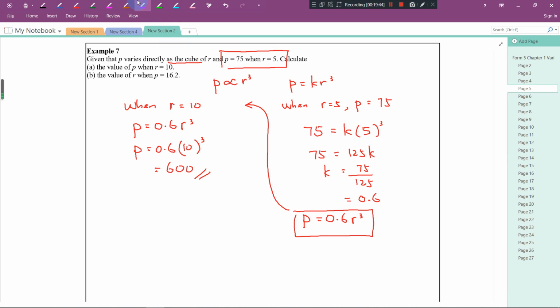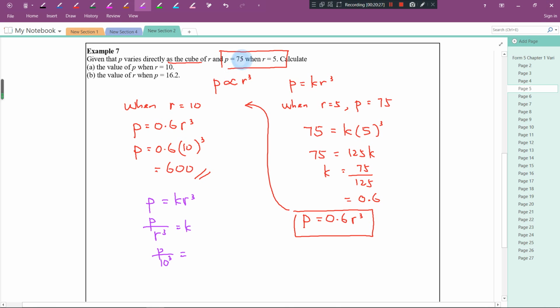If you don't want to use this method, we can use another method. Okay, let me show you here. p is equal to kr cubed, right? So if you move the r cubed over here, you divide both sides by r cubed, you know that the value of p divided by the cube of r will always equal a constant. If you know this concept, we can use this information to help me get p. So p over r cubed. I don't know p, so I just write p first, over r cubed. r here is 10, so it will be 10 cubed.